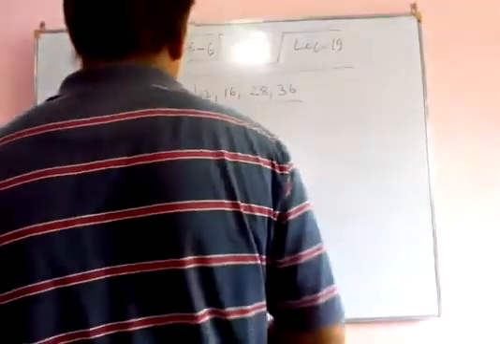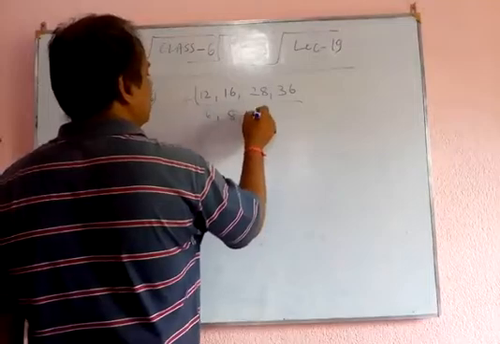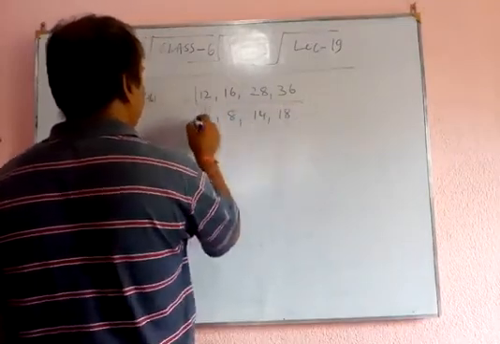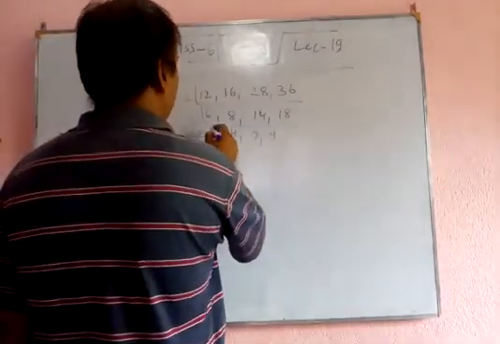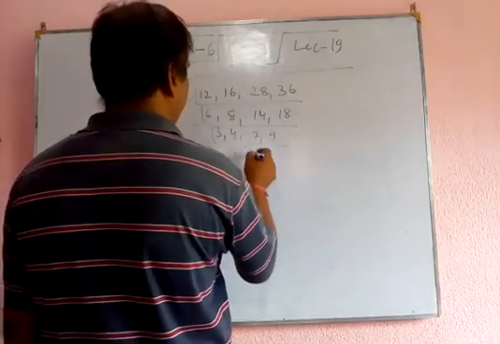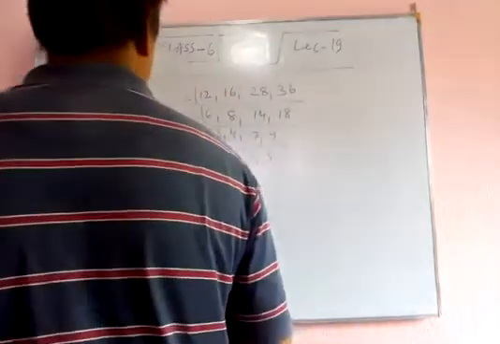Now the LCM will be 2, then 14, then 18, then again by 2, 3, and then 3, 1, then 4, over.